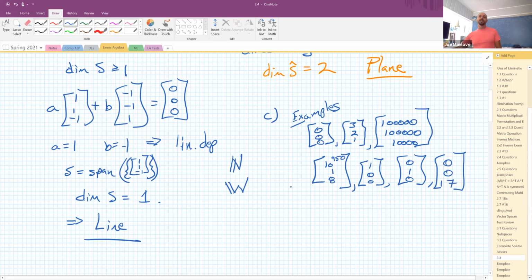If I'm considering a spanning set of all of the vectors like this, I don't need them all. How many do I need? Well, I need these 3, and then we're good to go. These 3 make a basis for R3.